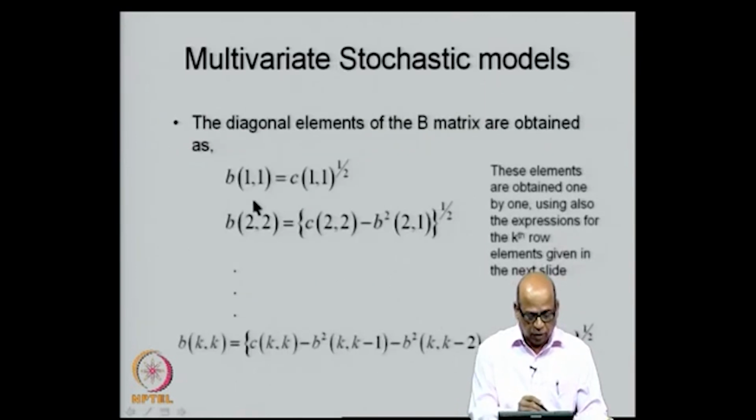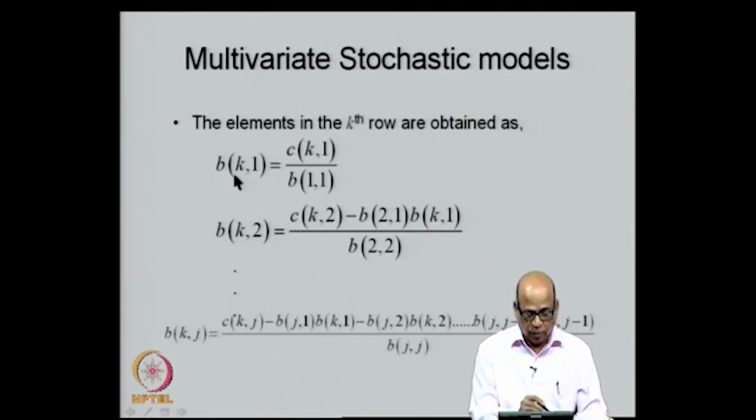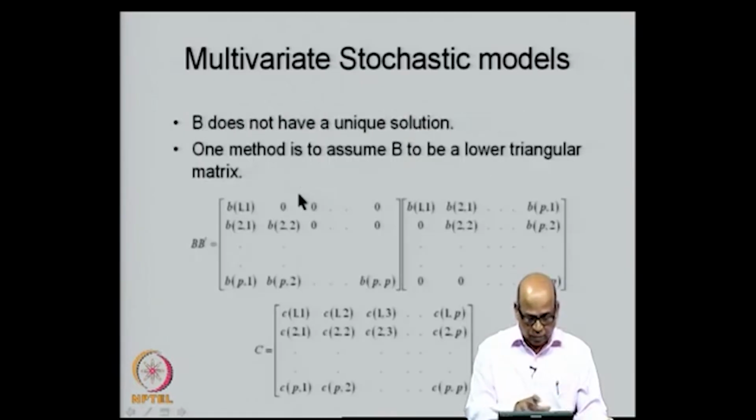The expressions for that are: B11 is given like this, B22 is C22 minus B21 the square. So, you need B21. For BK1 we have the expression BK1 is equal to CK1 by B11, all of which will arise from the expression BB dash is equal to C, or C is equal to BB dash.